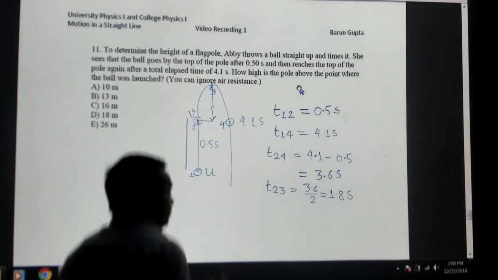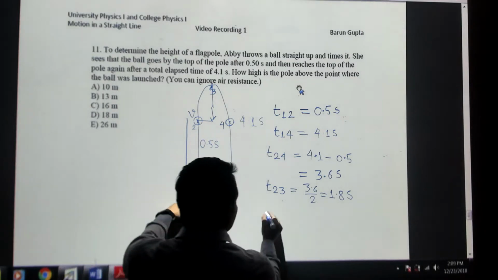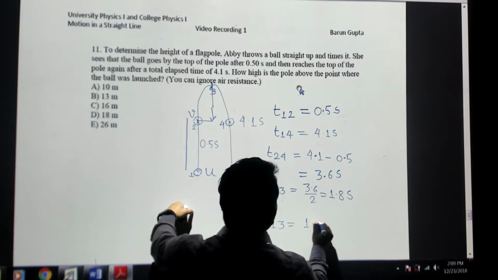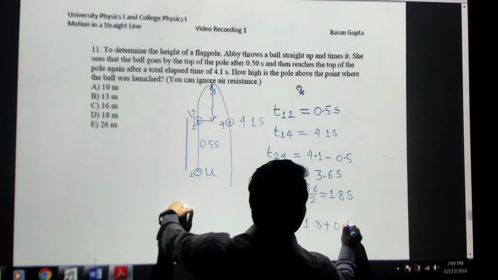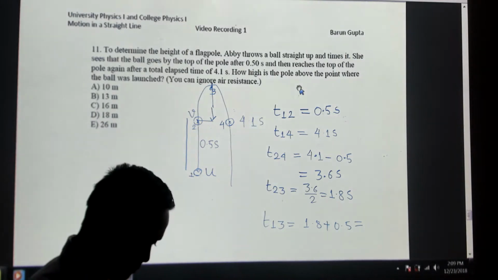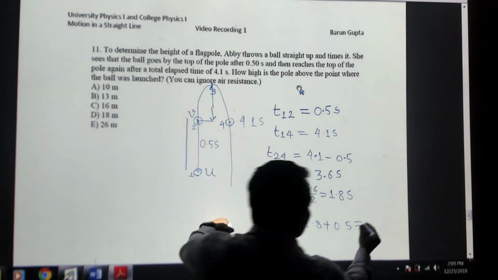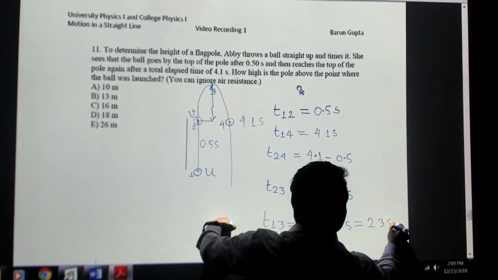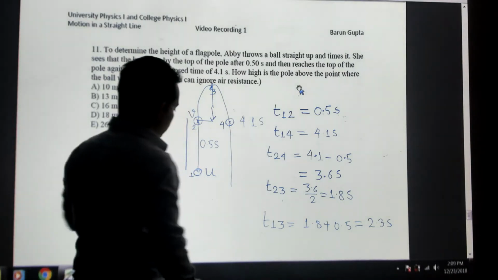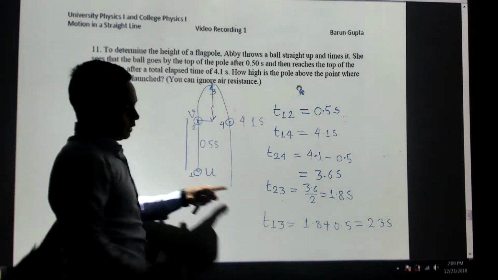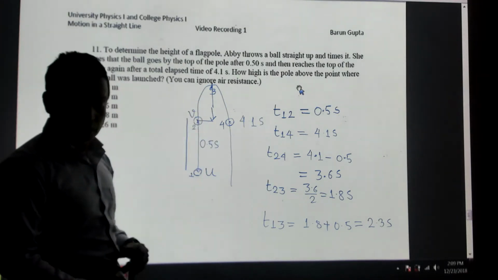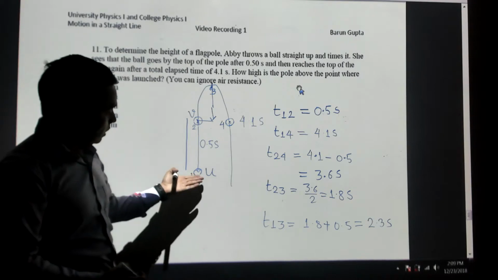From 1 to 3 is 1.8 plus 0.5 seconds, so this is 2.3 seconds. We got all the information now. The total time it takes from this point to reach the top is 2.3 seconds. Now using this time, we can find out the velocity at this point.